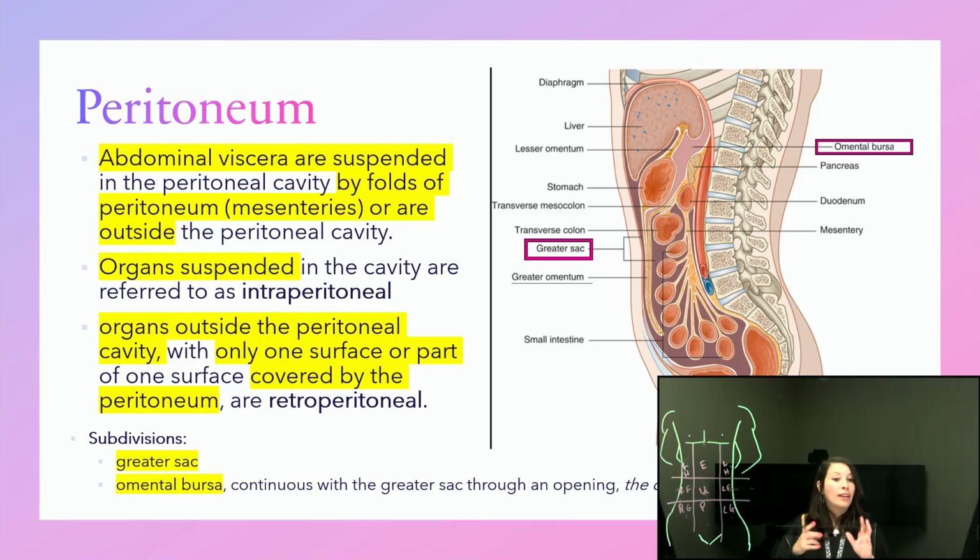There could also be a third division, which we're going to talk about in a few minutes, which we call secondarily retroperitoneal. We'll talk about that in just a second. Some of the subdivisions of the peritoneum are the greater sac and the omental bursa, right?